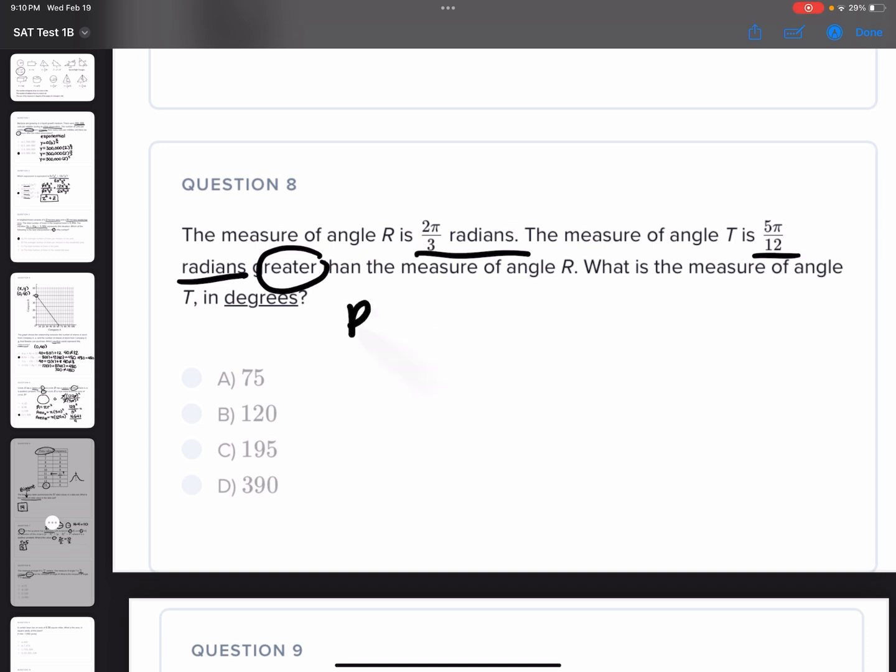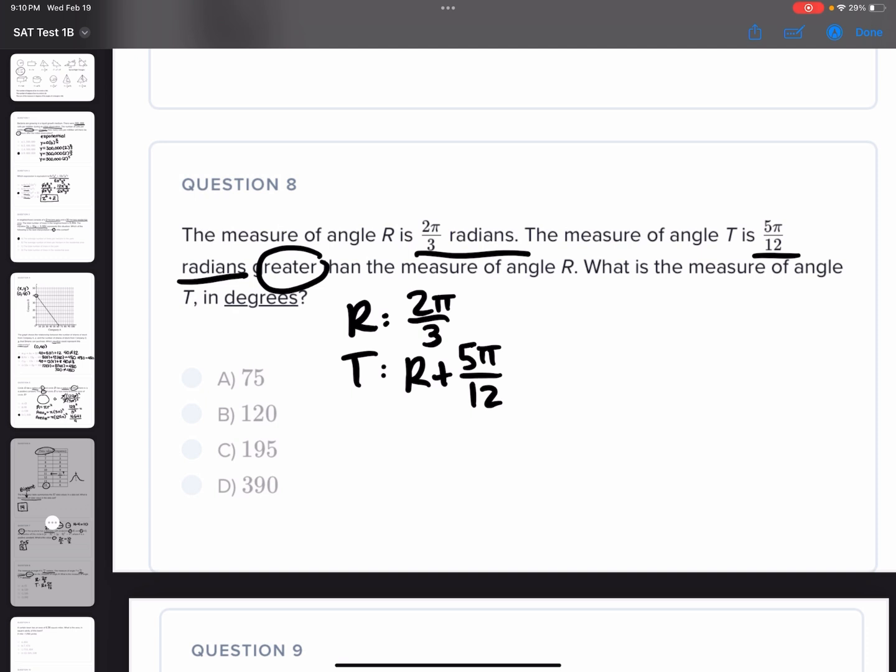If we know that angle r is 2 pi over 3 radians, and t is essentially just r plus 5 pi over 12 radians, we just have to add these values together. Now, it didn't say 5 pi over 12 times greater.